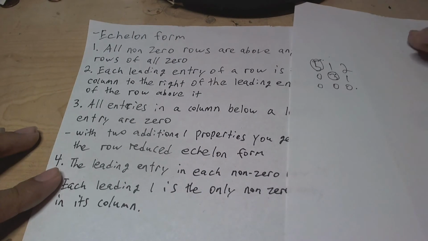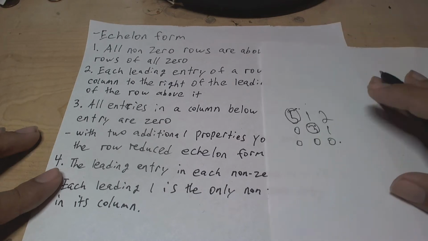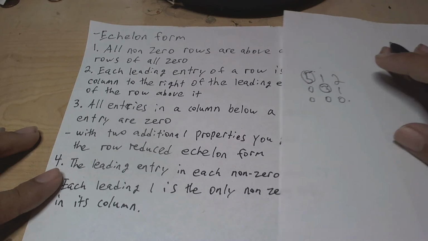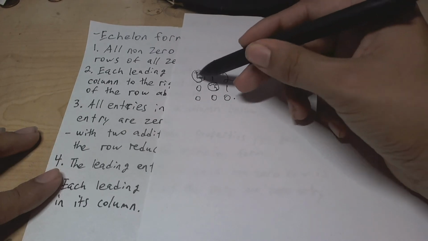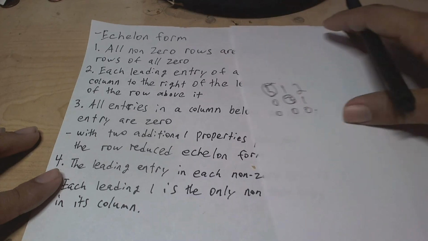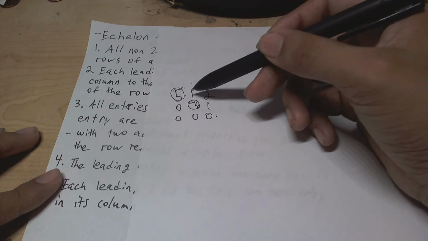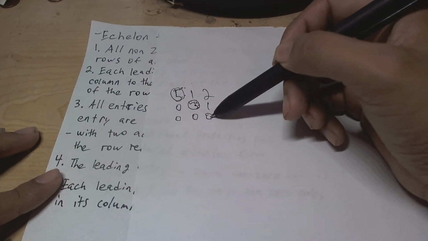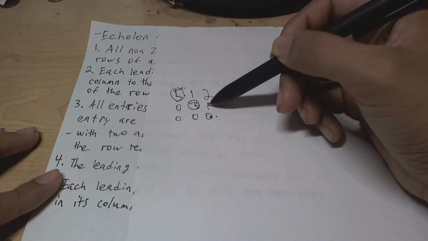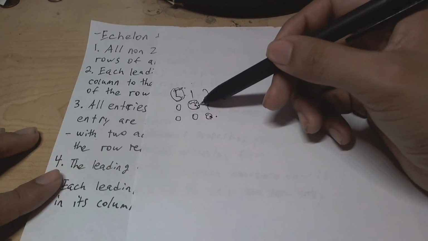Each leading entry of a row is in a column to the right of the leading entry of the row above it. This would be the leading entry of the row above it, so this is to the right of 5. If there was a 1 or some other number here, this would be a leading entry, and that would be to the right of 3, to the right of the leading entry above it here.